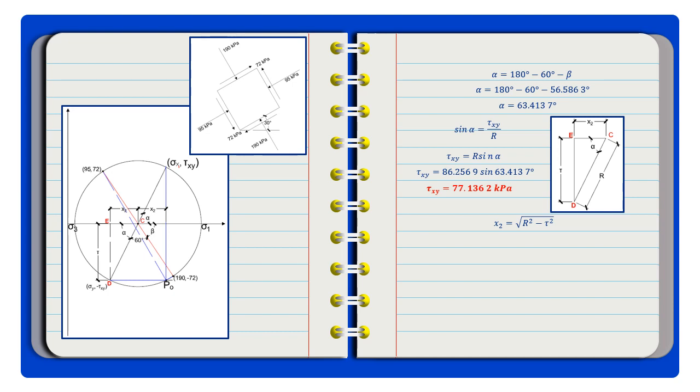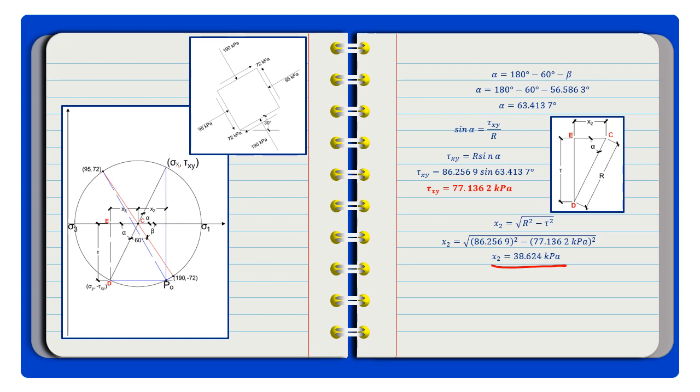Substituting the values for radius and tau xy, we will have 86.2569 squared minus 77.1362 squared. Calculating the values, we will have x sub 2 is equal to 38.624 kilopascals. So, ito ngayon yung length nung isang leg ng right triangle natin.